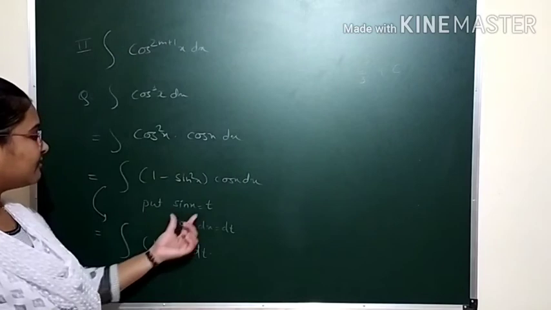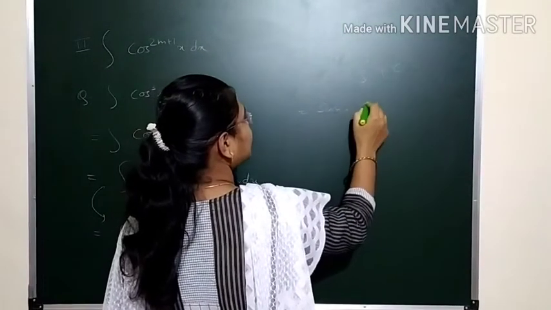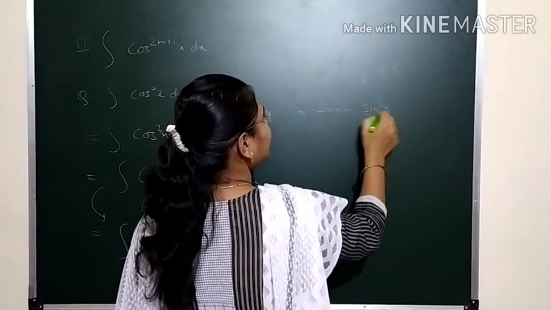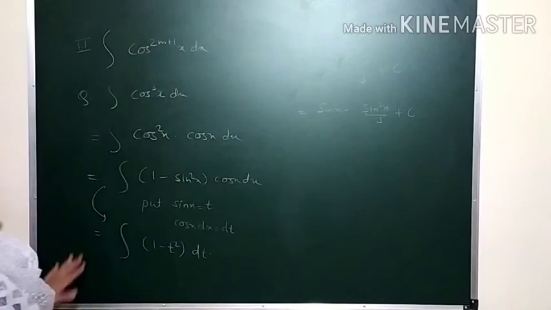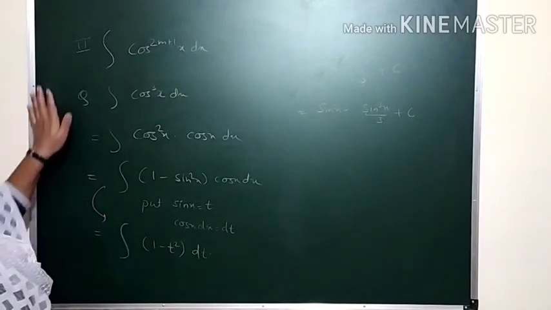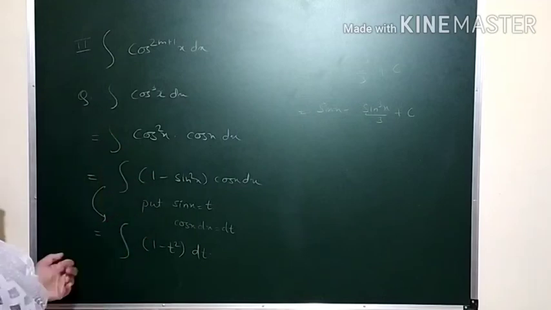Now we'll resubstitute the value of t. So it is sin x minus sin cube x by 3 plus the constant of integration. Any doubt in this? In this way we have seen how we integrate when an odd power of cos x is there.